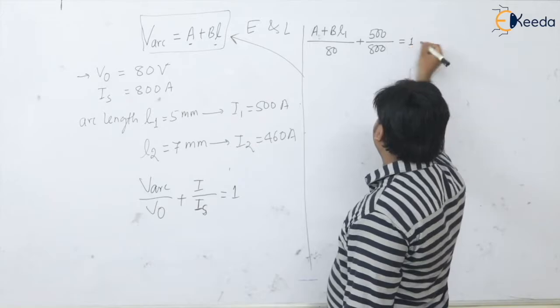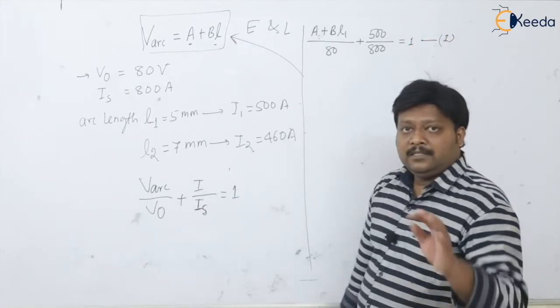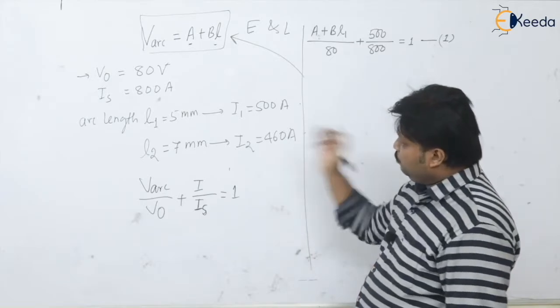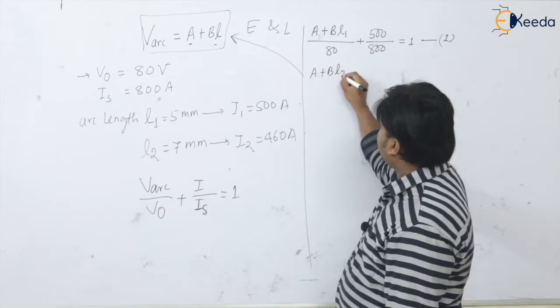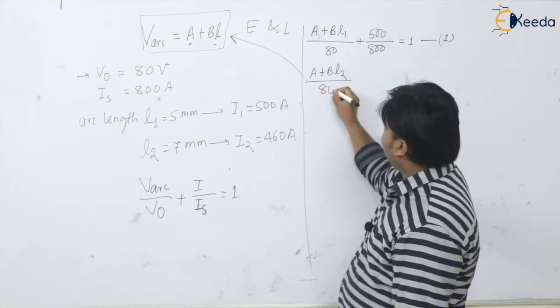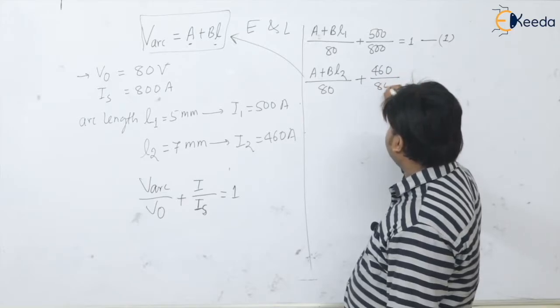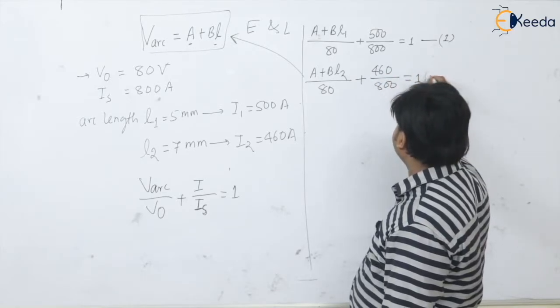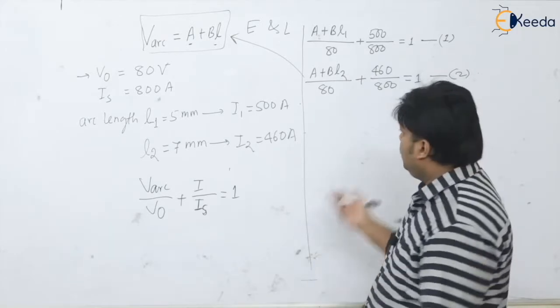So it is equal to 1. Say this is equation number 1. Same for case number 2, we can write A plus BL2 now. V0 is same, current is changing to 460 ampere divided by short circuit current, same 800 ampere. So this is equation number 2.